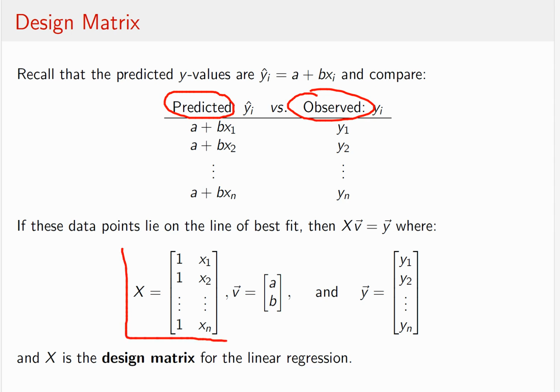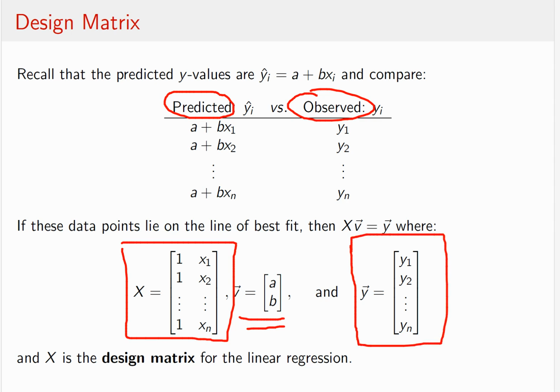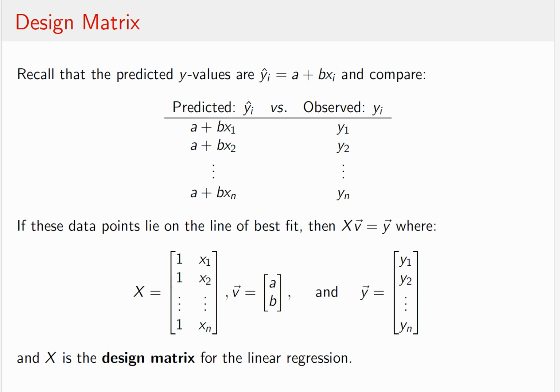This is called the design matrix. The vector v are just the coefficients a and b, the slope and intercept, right? And y, the y vector, that's just the data vector in y. So here, this design matrix just gets a column of ones inserted before the x's, the numbers.